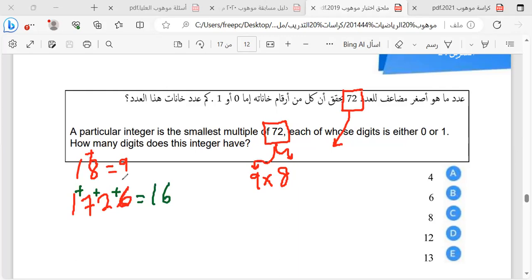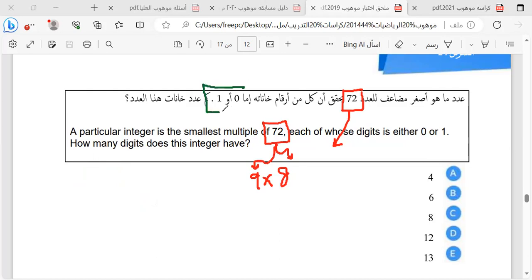So it is 16, which is not divisible by 9. If we put 8 here, when you add them it is 18, divisible by 9. So when the number is divisible by 9, the sum of the digits is 9 or a multiple of 9.